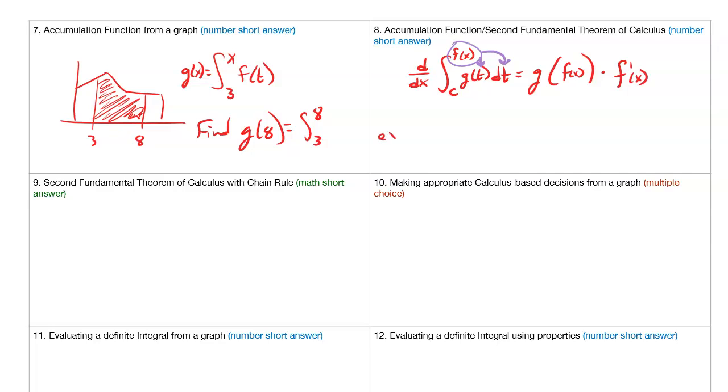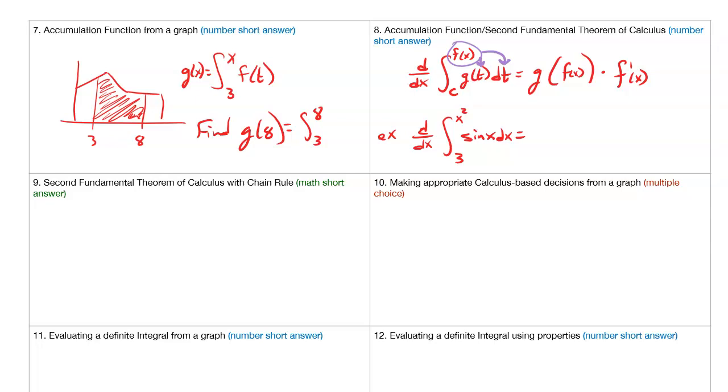So an example would be find the derivative of the integral from 3 to x squared of sine of t. I'm just making up a random problem here.